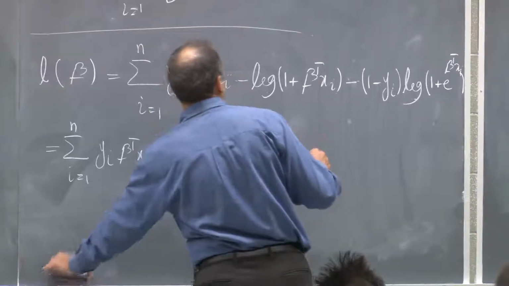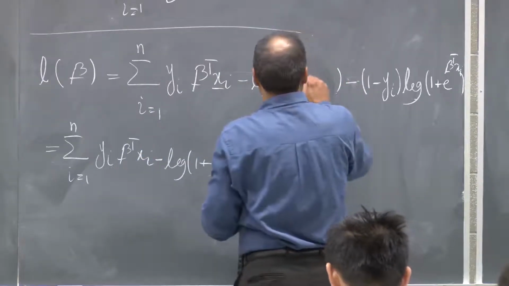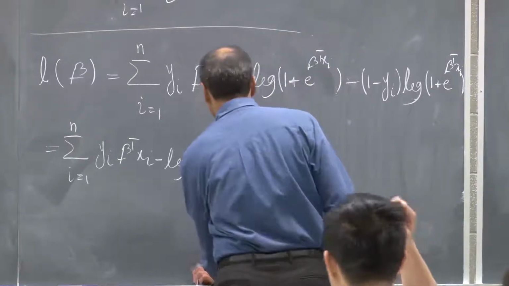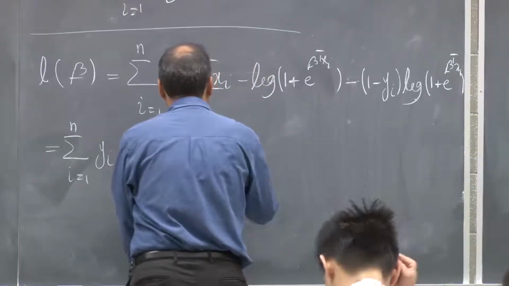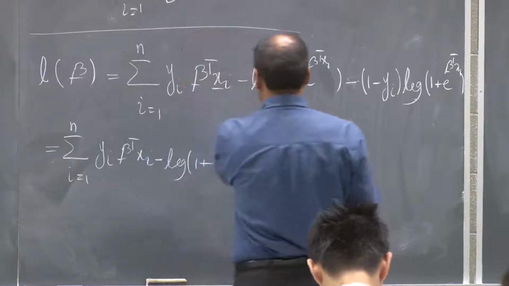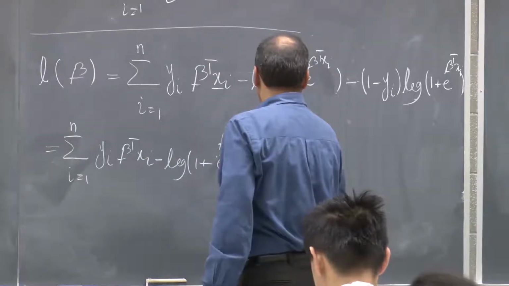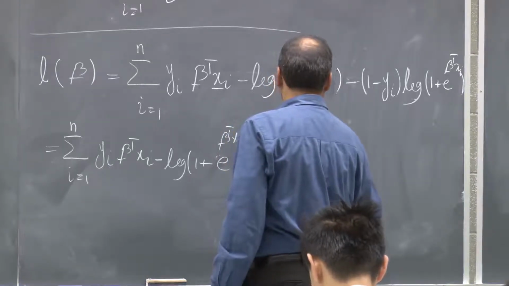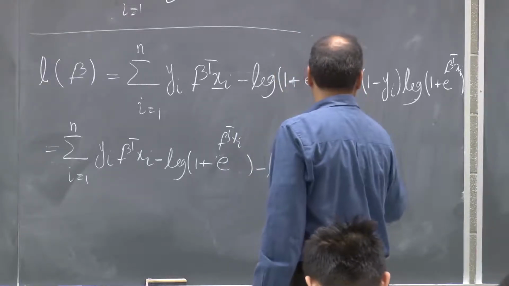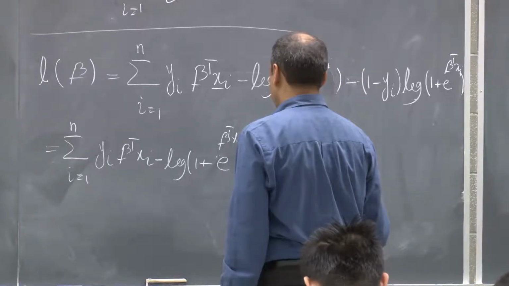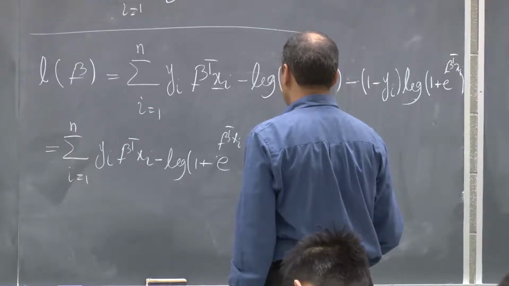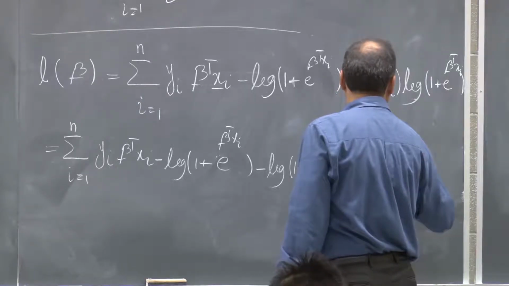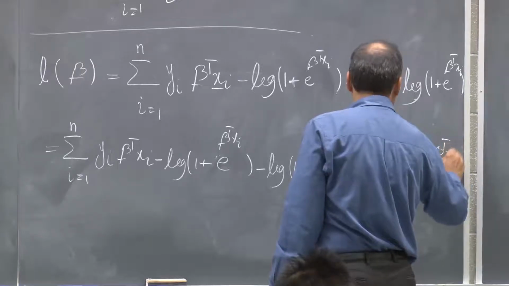Sorry, this is 1 plus e to the power of beta transpose xi. So minus log of 1 plus e to the power of beta transpose xi, plus yi log of 1 plus e to the power of beta transpose xi.